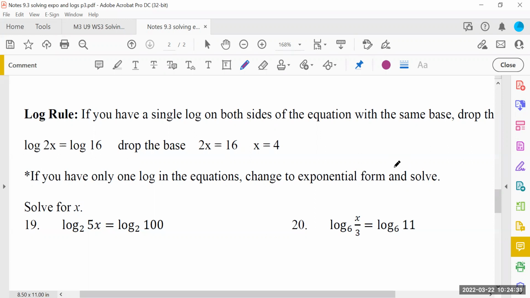So here it says if I have a single log on both sides of the equation with the same base, you can drop the logs. Like you don't even need them, ignore them. Rewrite it without it and solve what's left.